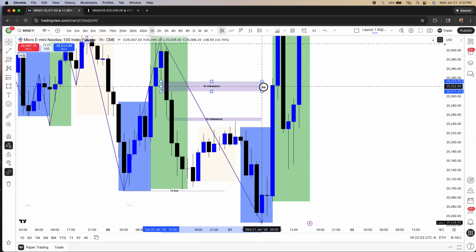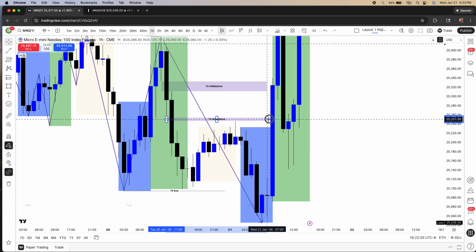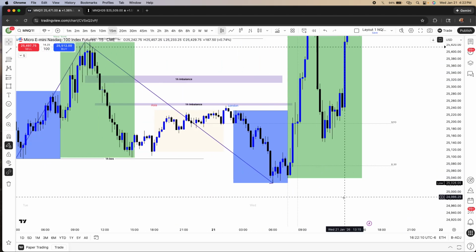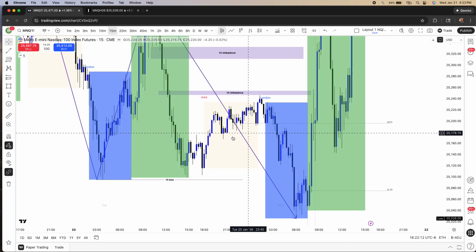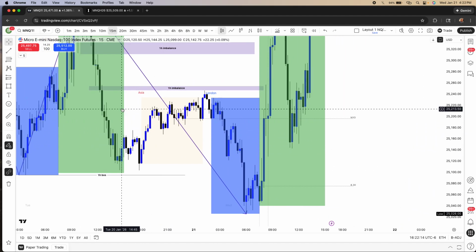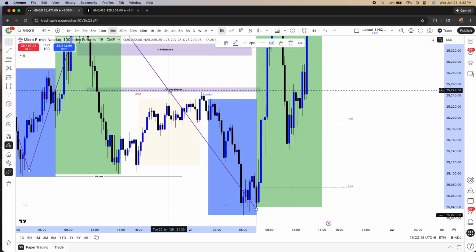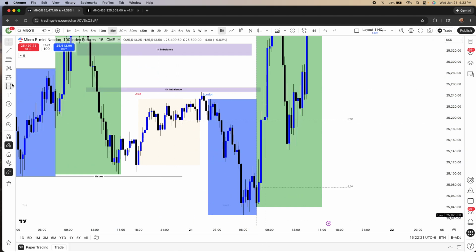Now, going to the 15-minute time frame, that is where I took my actual trade setup, or it was based off of the 15-minute time frame. If you look right here, we have our 15-minute. I can get rid of this now because we know this is a 1 hour break of structure.